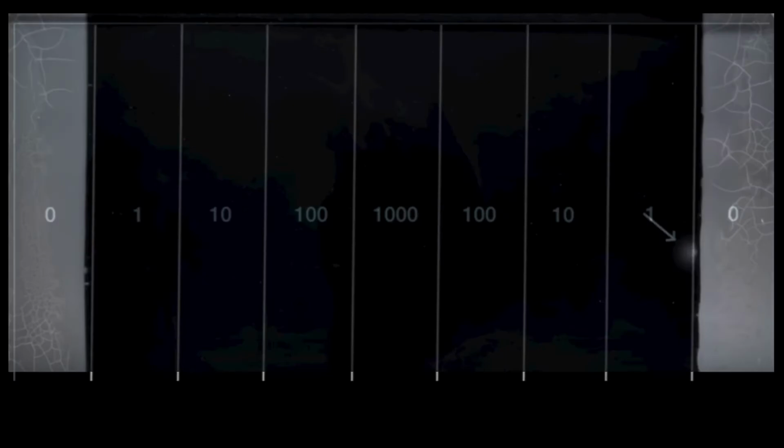Bacteria are introduced to the outside edges and they quickly grow and colonize the areas that have no antibiotic. But you can see this arrow points to an area where there's a small outgrowth going into the area of antibiotic. This outgrowth represents a single bacteria that was resistant.